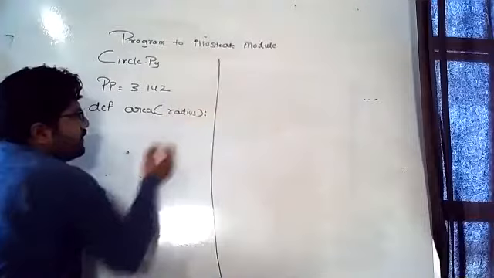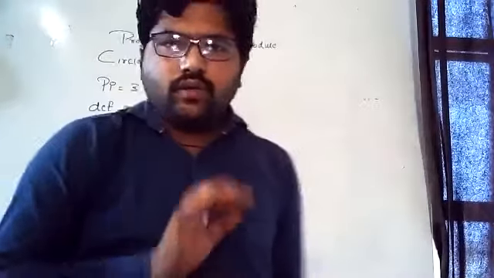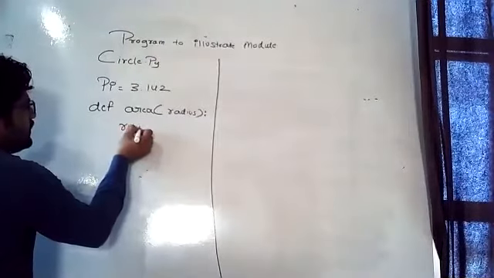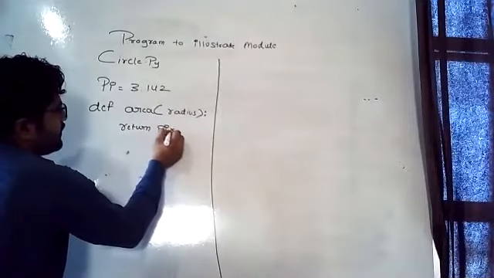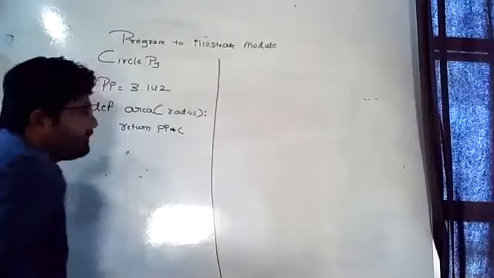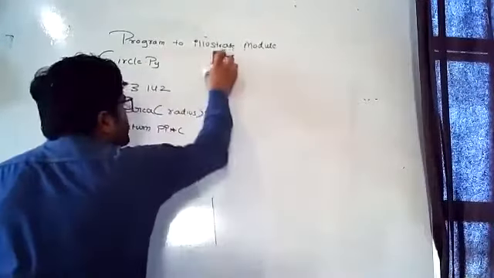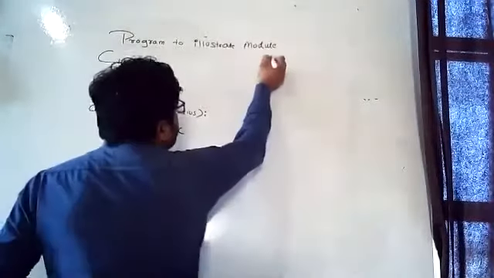So what do I need to return? The return value will be like this. Return pi star radius double star 2. We need much space here to write this program.